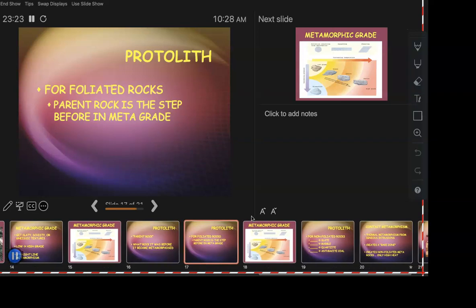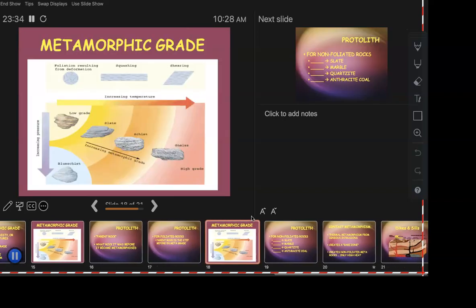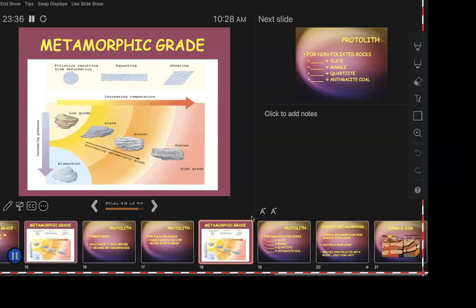Going back to the foliated just for a moment, you still want to know the parent rock. The parent rock is just the step before it. So the parent rock for schist is slate. Parent rock for gneiss is schist.